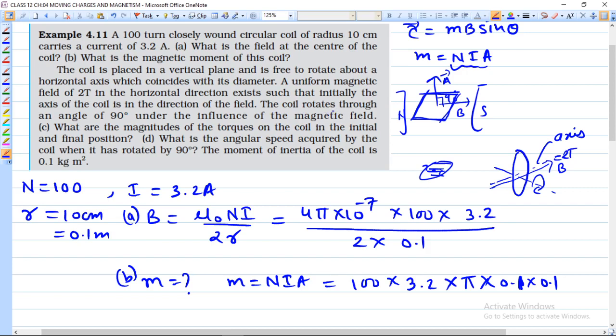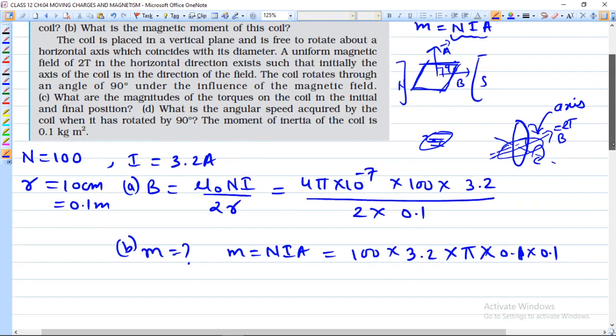And the coil rotates through an angle of 90 degrees, so finally the coil becomes like this, under the influence of the magnetic field. What are the magnitudes of torque on the coil in the initial and final position?